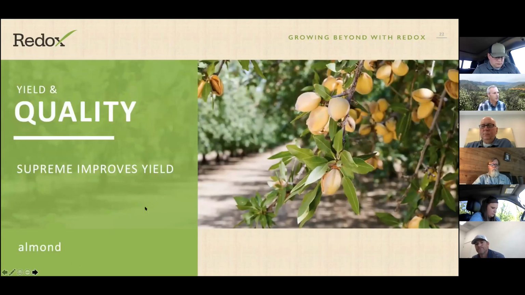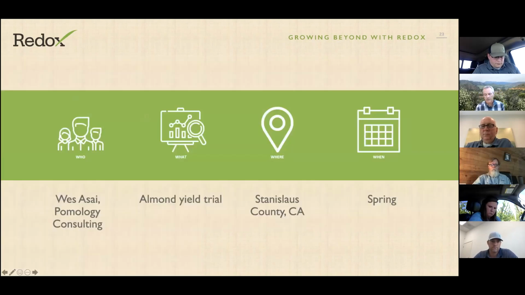Okay, so the next example here is on almonds in California. This is a third-party trial that was done by West Side Pomology Consulting in Stanislaus County.